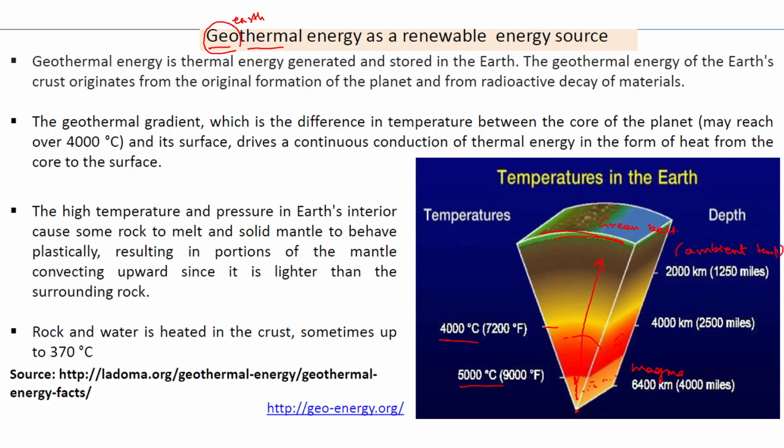Here, this is almost molten material, which is called magma, and some molten rocks are present. Then some rocks here are not molten but are very hot due to the heat convected from the liquid material below. So if rocks are present here, they are also at very high temperature.